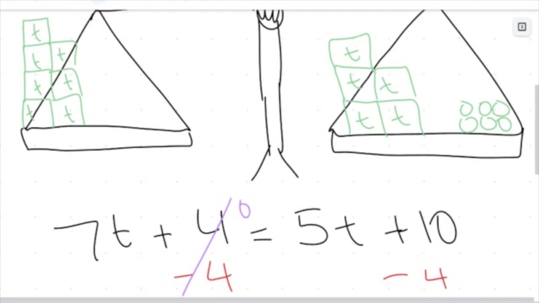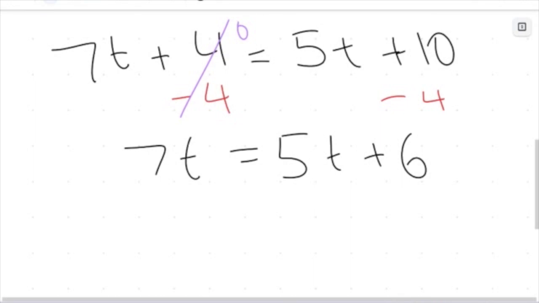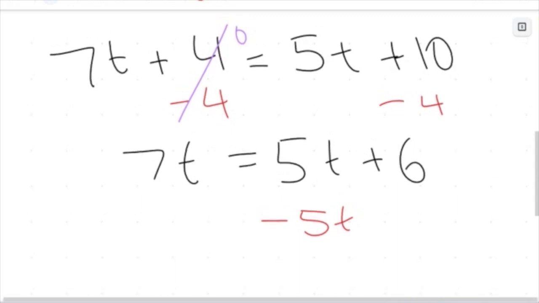So what I want to do is subtract 1, 2, 3, 4, 5 boxes from this scale. So I want to take away 5t from this side. So I have positive 5t here.